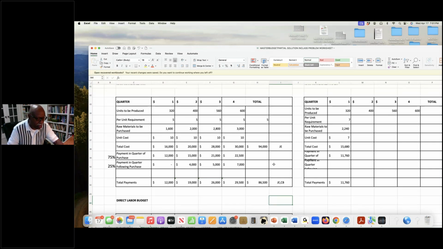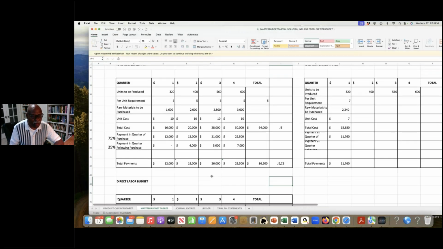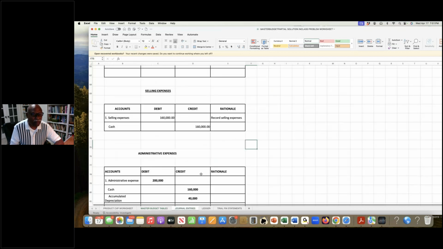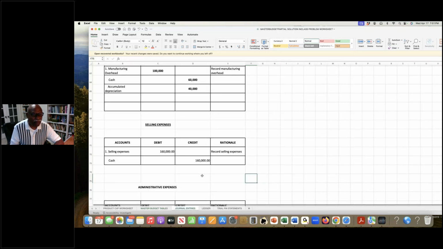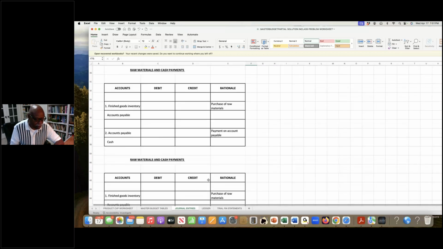So now I need to make the journal entries for the raw materials ink and the raw materials paper. I'm going to go to journal entries, and remember they're already set up.